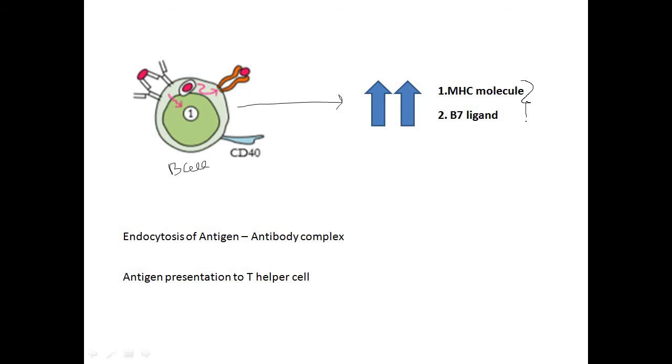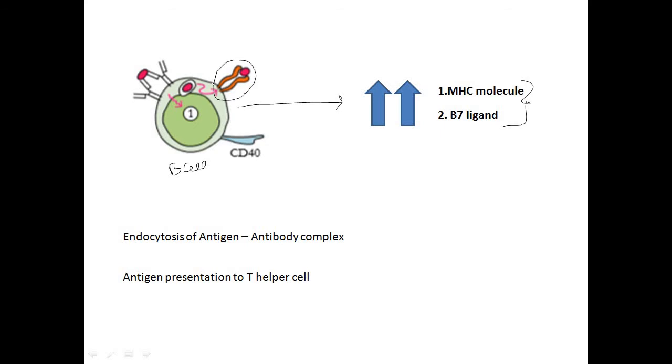There are other proteins whose expression also gets changed, but in this video we are mainly focusing on the MHC molecule and B7 ligand. So the expression of these two proteins gets changed. They are mainly upregulated, which means their expression gets increased, and also this antigen antibody complex gets internalized inside the cell via endocytosis, and inside the cell it gets cleaved and binds to MHC, which is then presented on the cell surface.